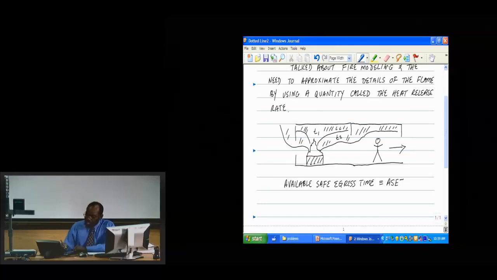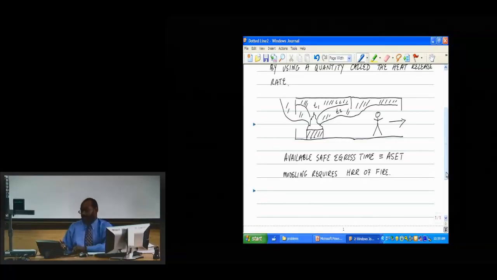To model that requires, among other things, that we know what the heat release rate of the fire is at any given time. The way that this is connected to the conservation equations is going to be made clearer, but what we have to do is track mass and momentum conservation for the products of combustion.